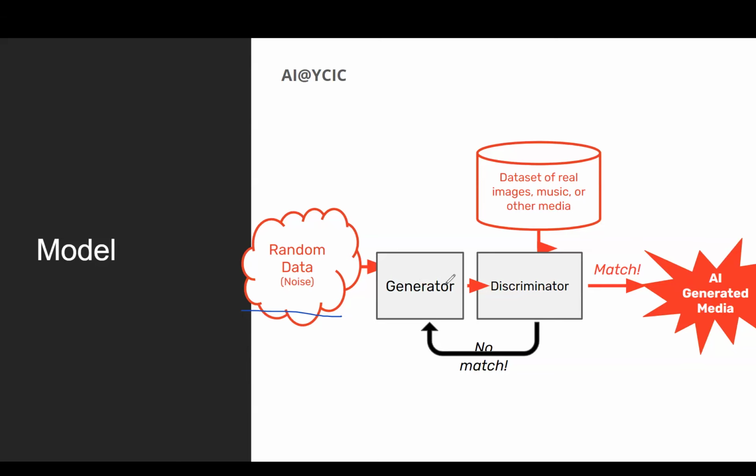And then the generator would generate something based off what it has learned, something kind of new, but not completely new because it generates it based off of the data it has.